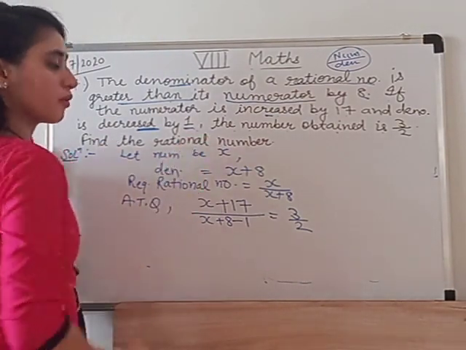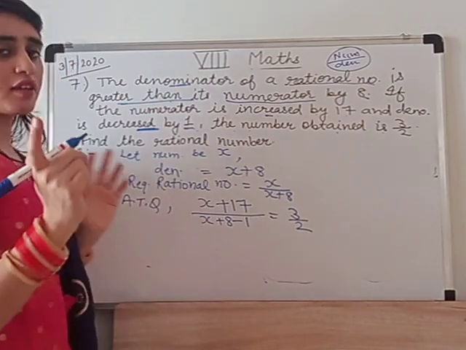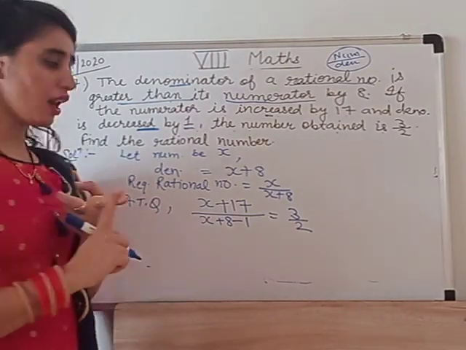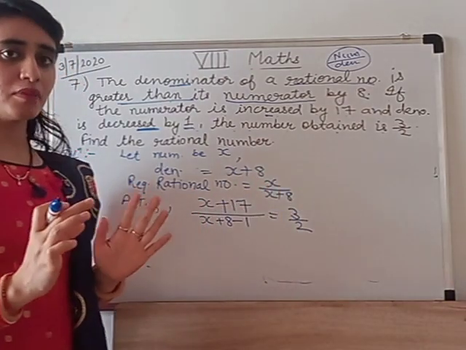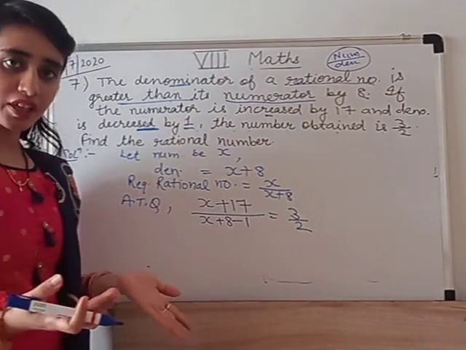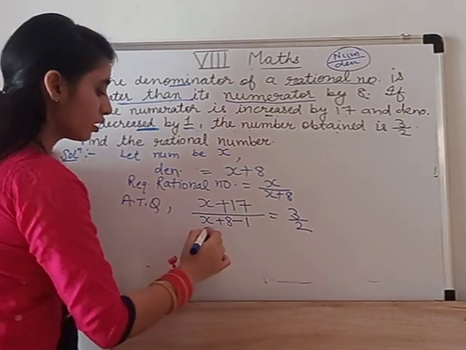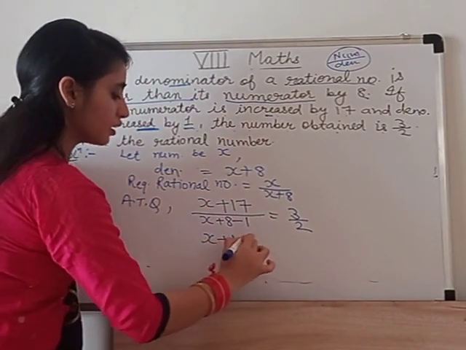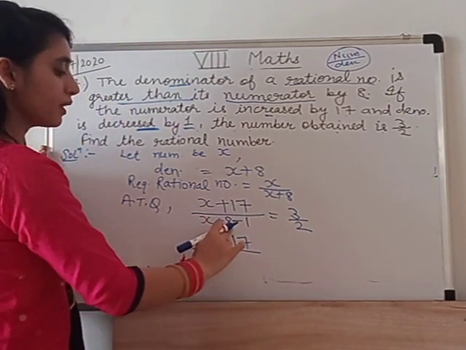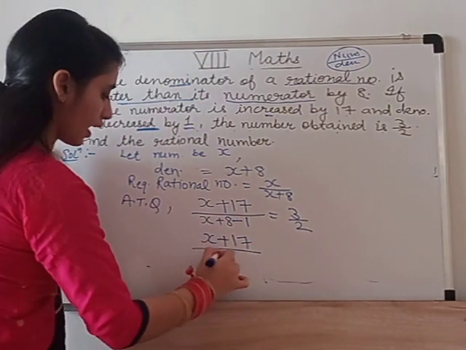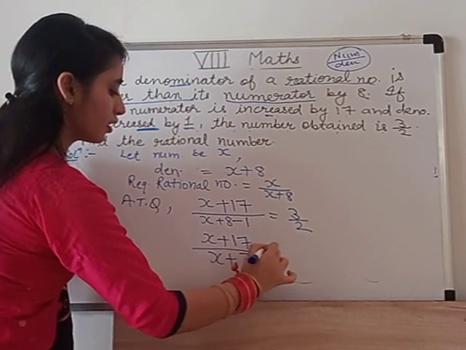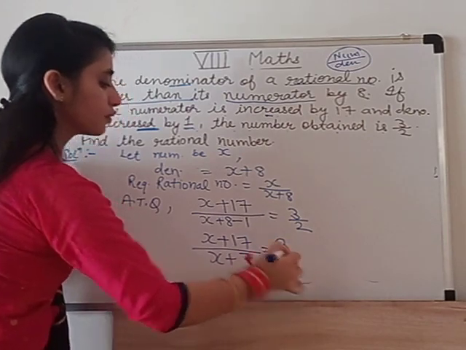Now find the rational number. First we have to find the value of the variable x. Then we put it in the rational number and we get our rational number. Now x plus 17 upon x plus 8 minus 1. 8 minus 1 is 7. x plus 17 upon x plus 7 is equal to 3 upon 2.